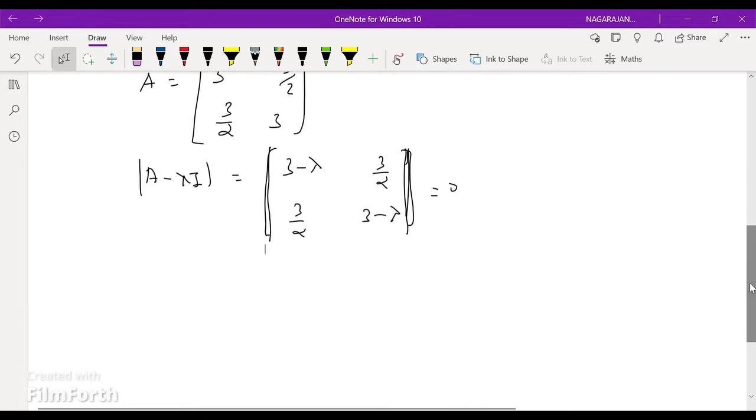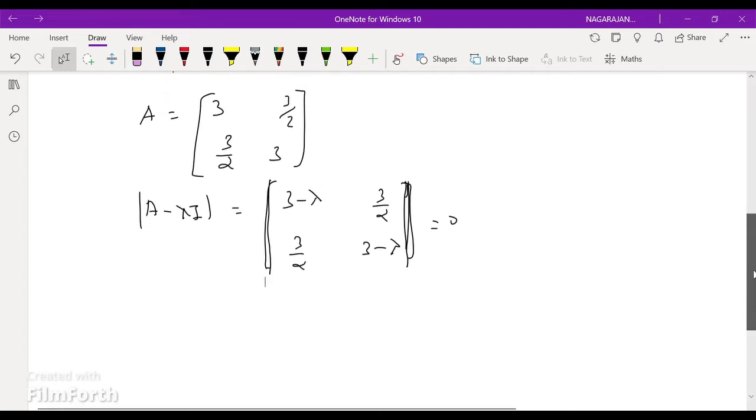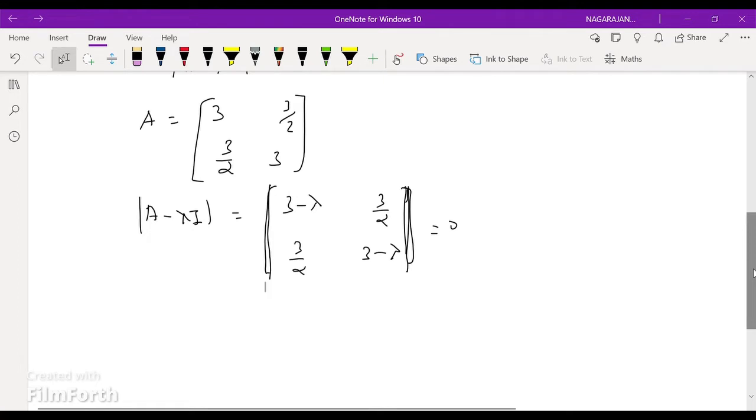This is a square 2 cross 2 matrix, so easily we can write the characteristic equation.